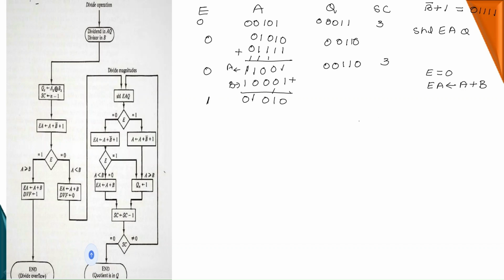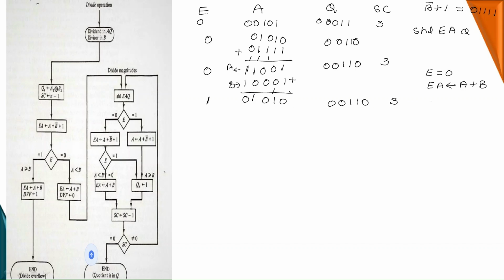Okay. 0 0 1 1 0 and 3. Now check the E bit. So E bit is 1, 0 1 0 1 0 0 0 1 1 0 and 3.